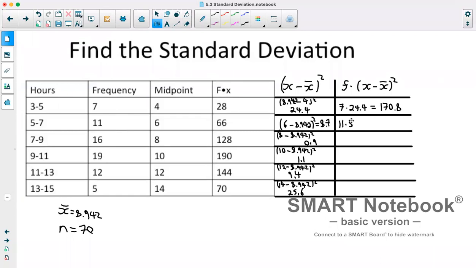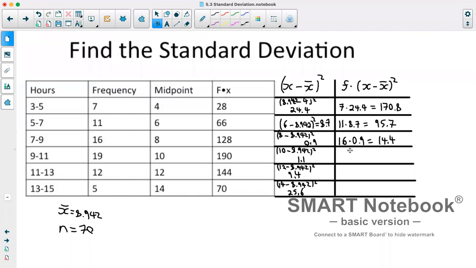So we have 11 times 8.7. And that gives us 95.7. Next one, we had a frequency of 16. 16 times this of 0.9 gives us 14.4.